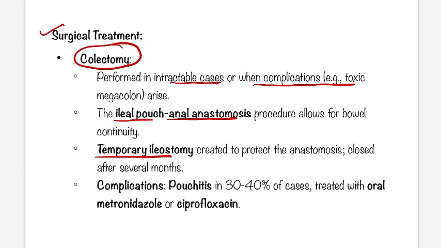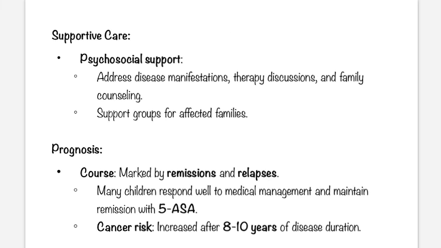Complications like pouchitis occur in 30 to 40% of cases, treated with oral metronidazole, ciprofloxacin plus probiotics. Okay. So colectomy is one of the treatment options of ulcerative colitis which is refractory to medical management. Supportive care, obviously you have to support the patient.